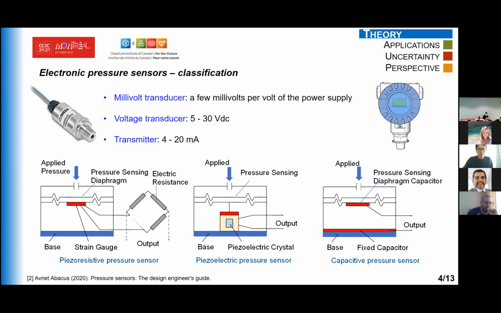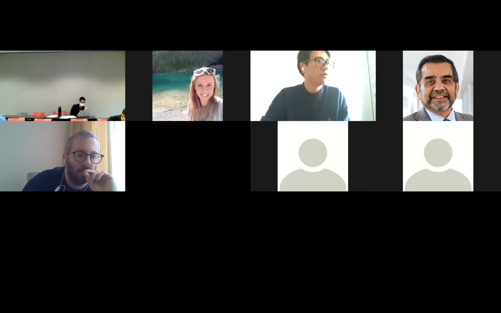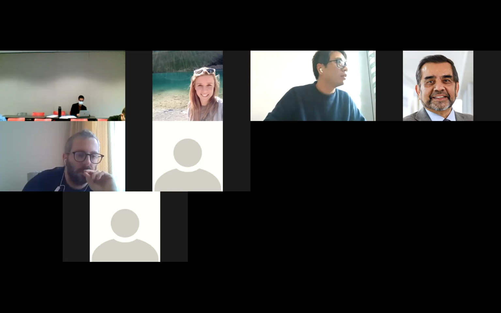And also here we have these capacitive pressure sensors that... my slides froze somehow. Sorry, I have to restart it again. No problem. Try to screen share again. Yeah. That's just my problem. Yes.